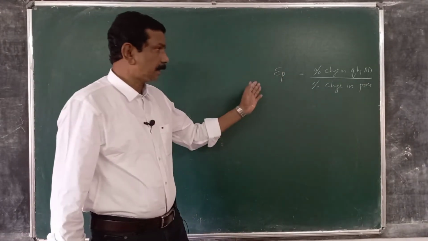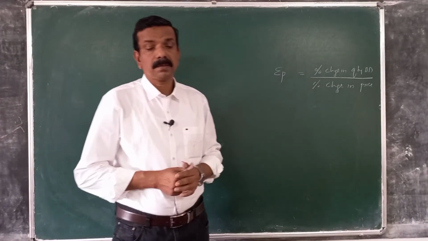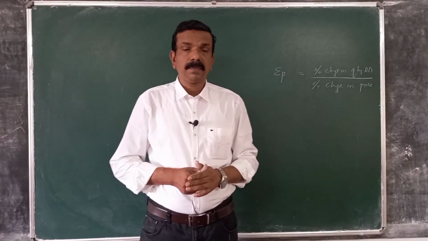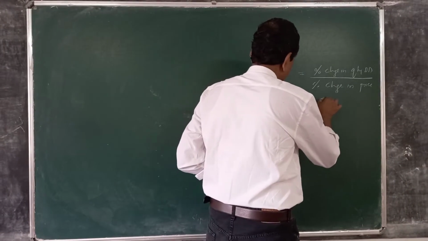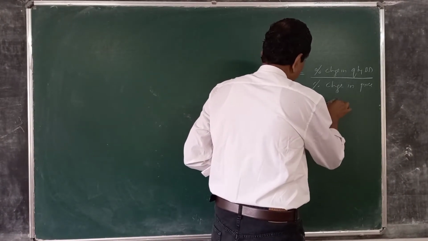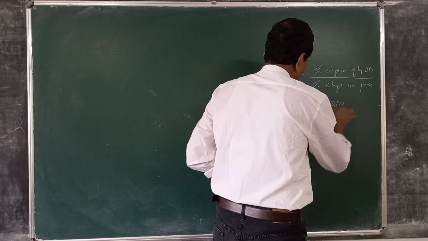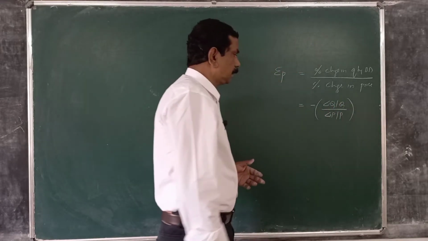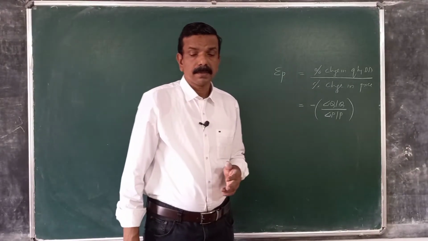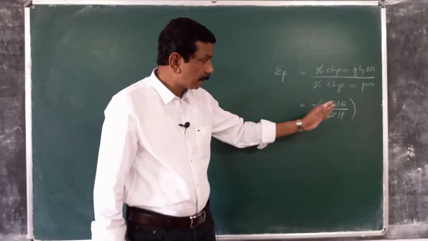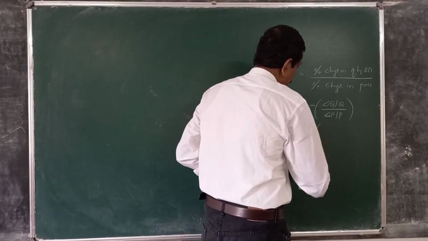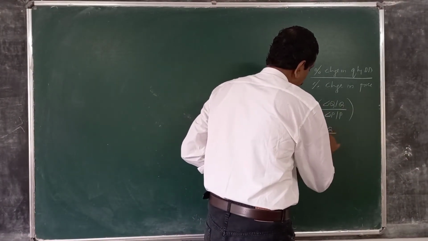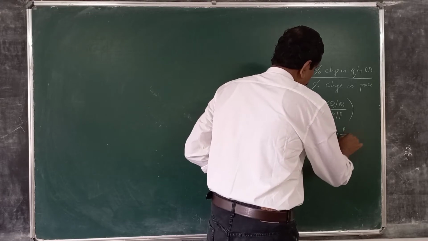That is equal to negative of delta Q by Q divided by delta P by P, which is equal to minus of delta Q by delta P into P by Q.